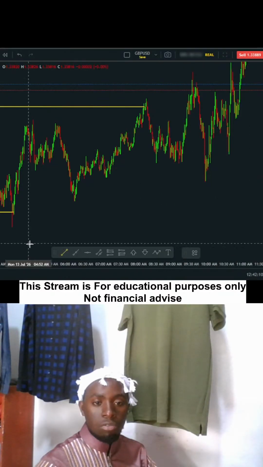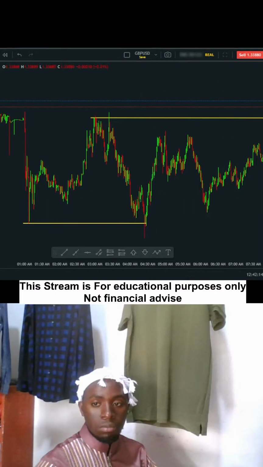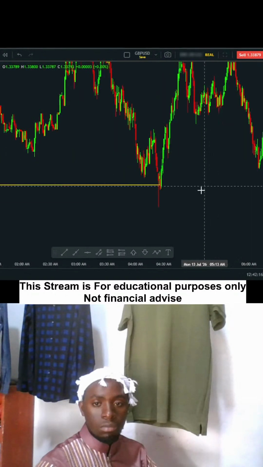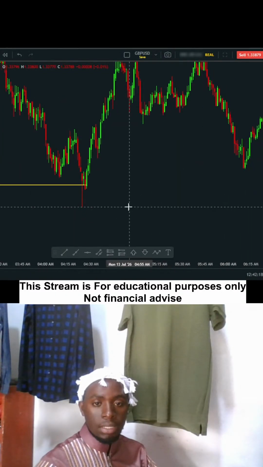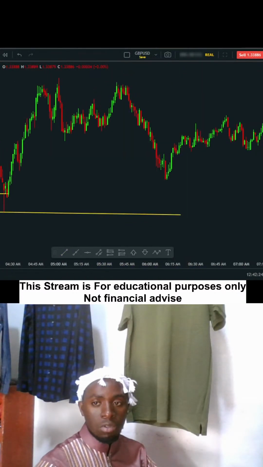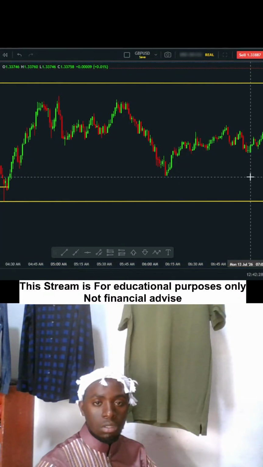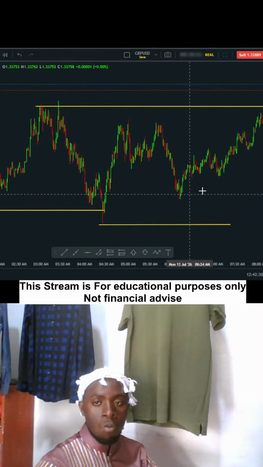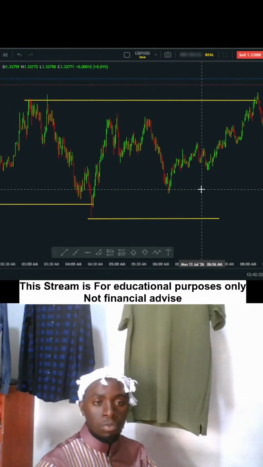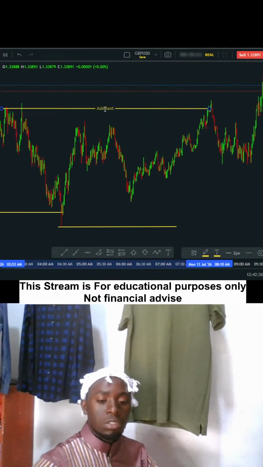So what do we have? Okay, that's all right there. We'll be targeting that low right there. Oh man, this was a nice market structure shift right there.